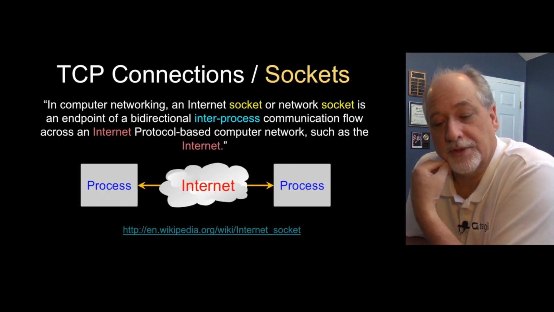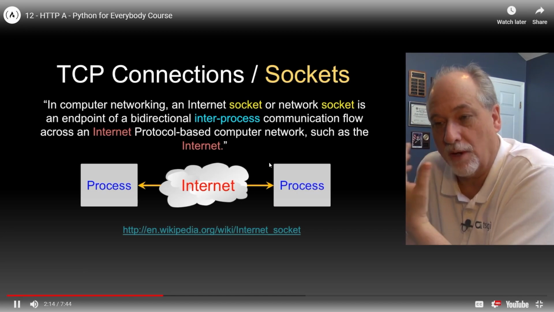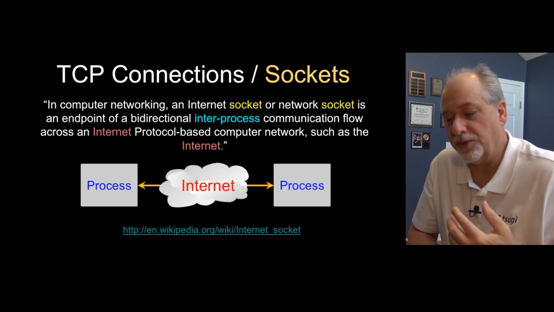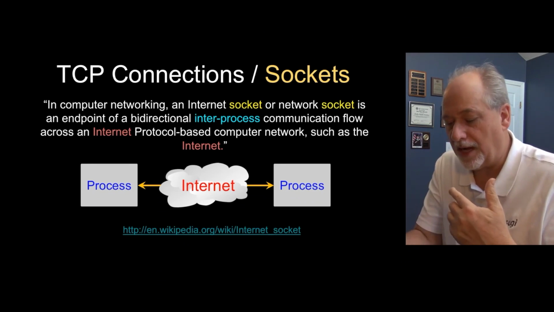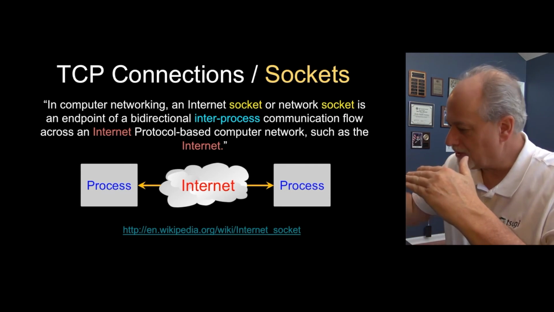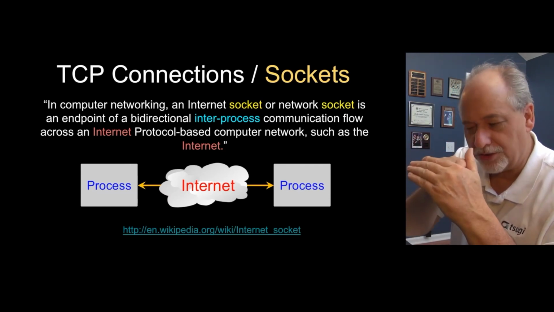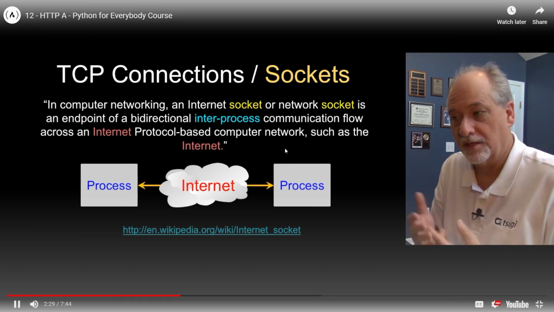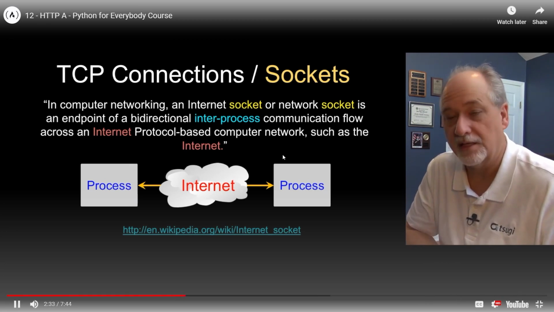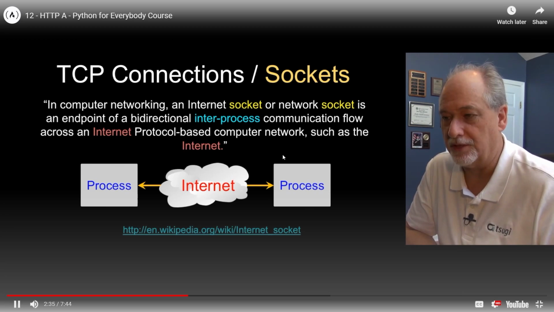In nerd terms, we call these things sockets, and that is one process running on one computer, another process running on a second computer connected through the internet somehow, and one computer speaks into that socket and it comes out, and the other computer returns something and it comes back. And so this is a bidirectional protocol of data, which is a series of, in effect, data phone calls between applications.